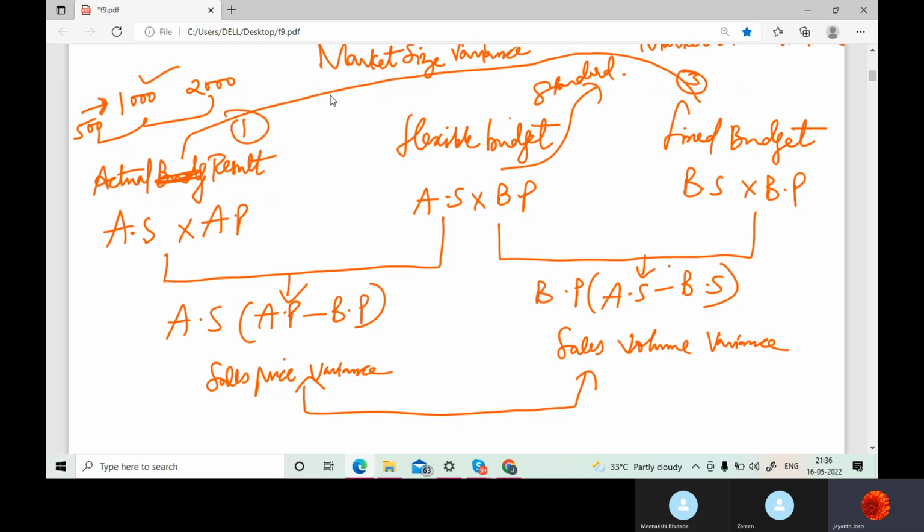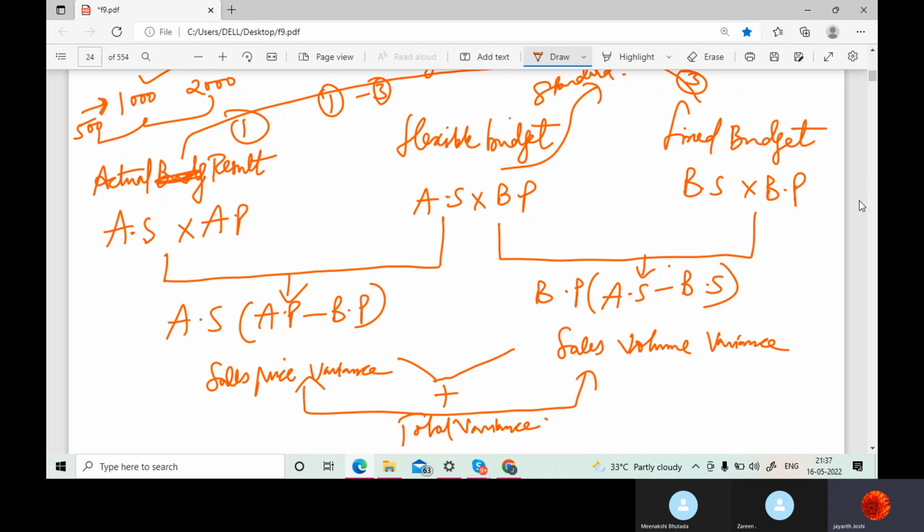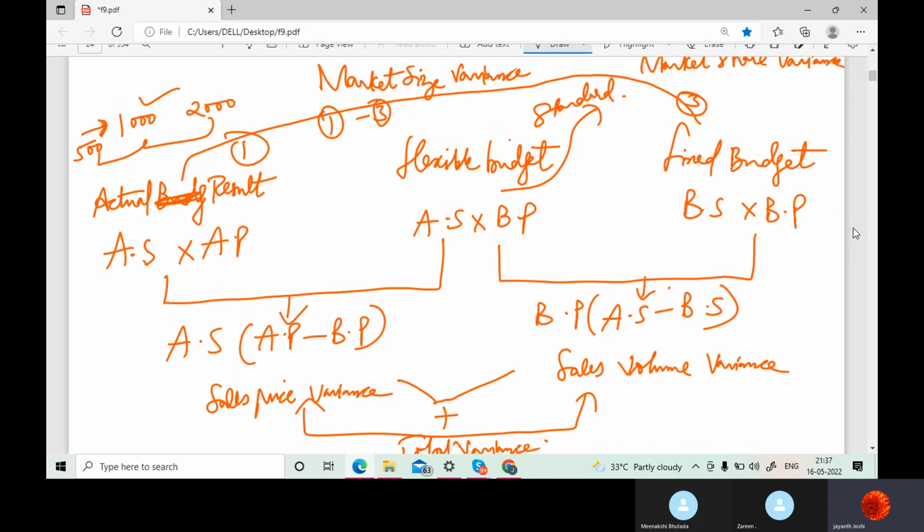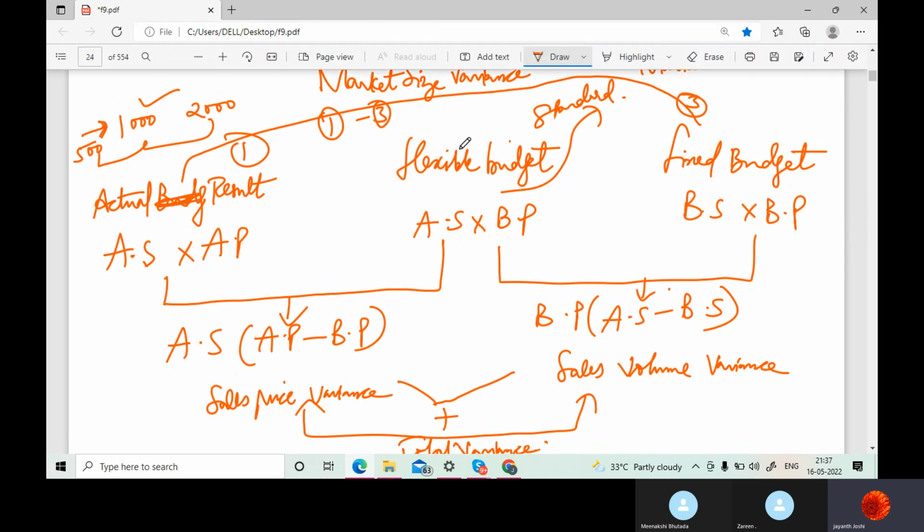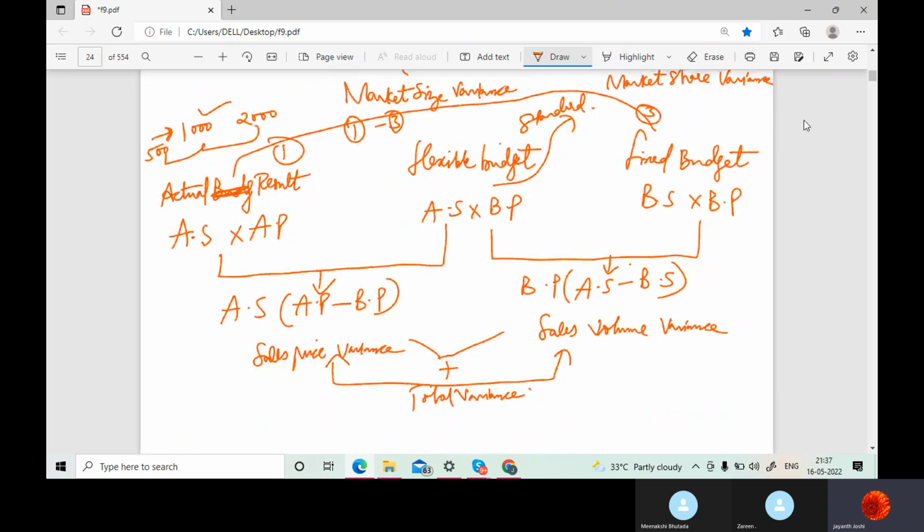If you take 1 minus 3, or just add these two, you get total sales variance. Please make this chart in your book right now, and I'll give you a question to solve fast.